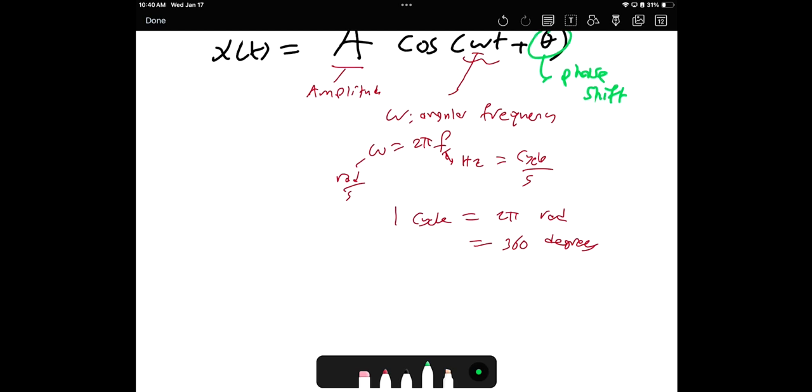Now, we need to know the fundamental period, which is T0 equals 2 pi over omega, which is also 1 over f. That explains why in the previous example we assumed it is 2 pi.